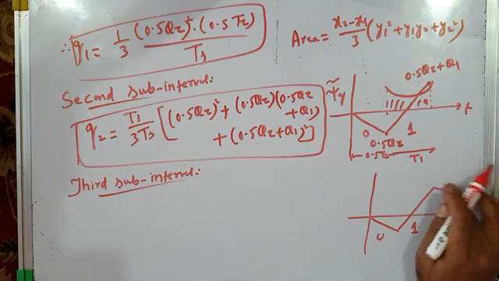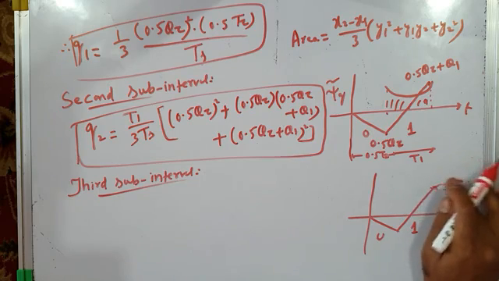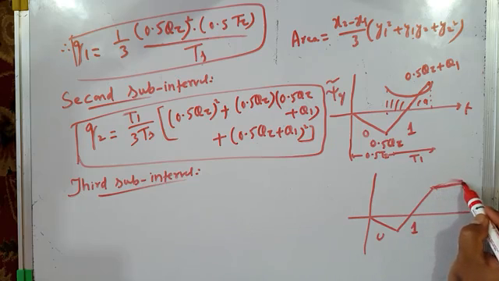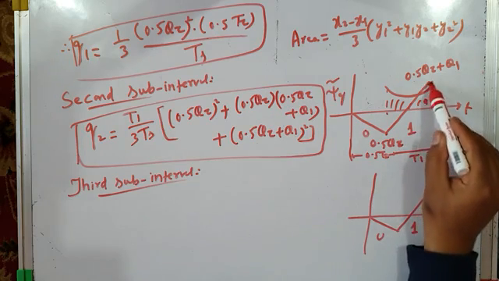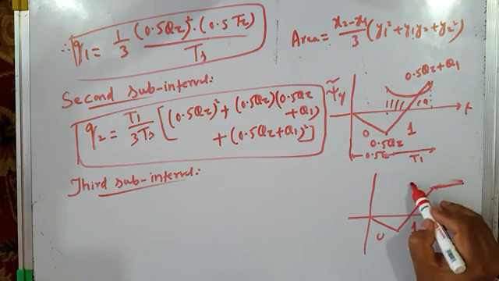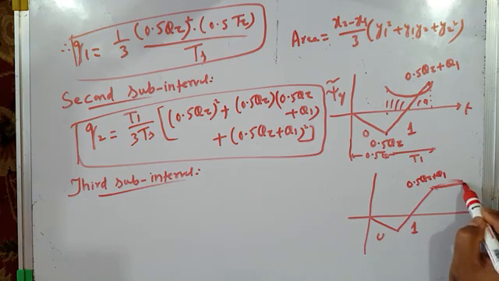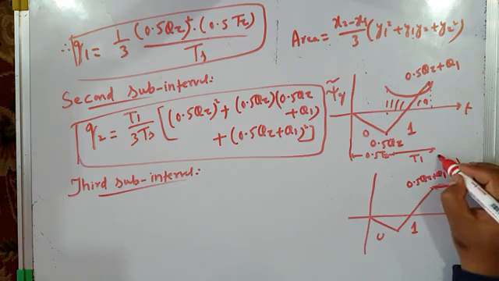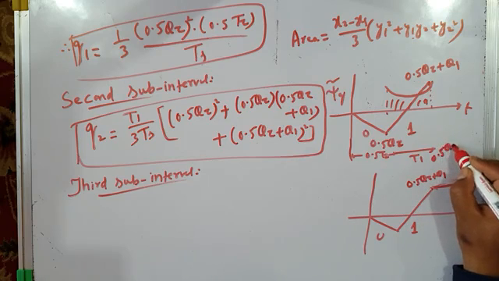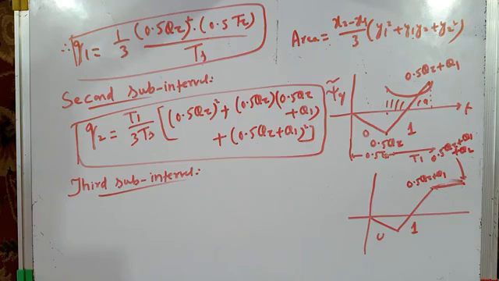This level is 0.5 qz plus Q1, and this is 0.5 qz plus Q1 plus Q2, which we have just drawn. This is the time interval t2 for which active vector 2 is applied.